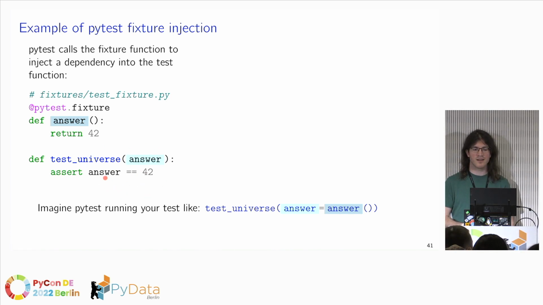So inside this test, answer will be 42. You could imagine it like this, that PyTest looks at the arguments of your test function and then fills the answer argument as a keyword argument with the return value of the answer function. So what you get inside the test is not the function itself, it's the return value of it.